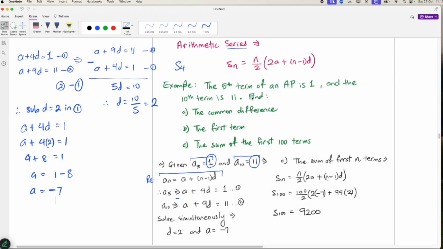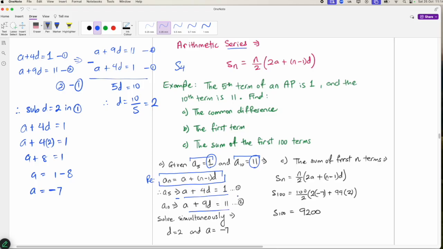So you could see here, and you will get questions like this. They gave the first term, they gave the fifth term and the 10th term. And so you use the general rule here in order to get expressions or equations for the fifth term and the 10th term.